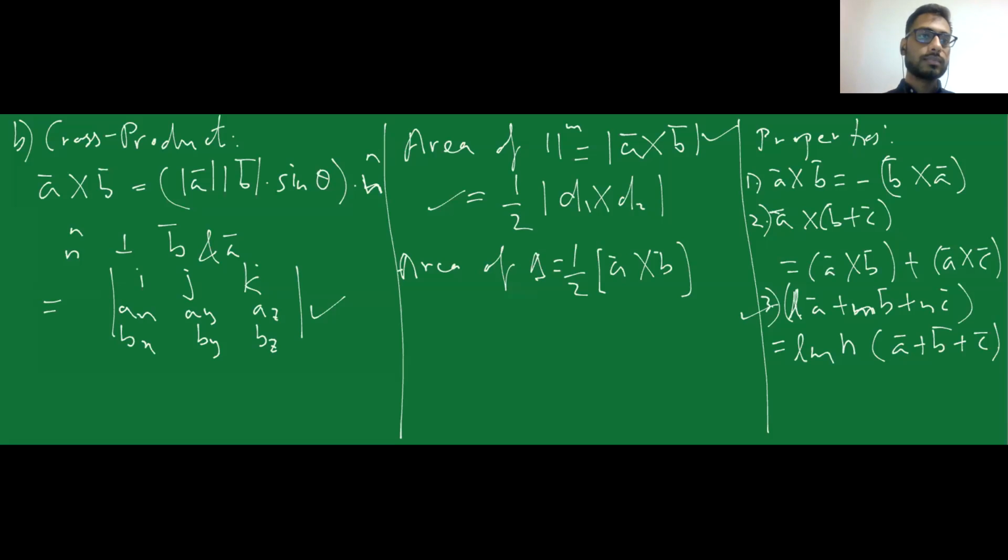Unlike a matrix, where you'll have to take out from each element of the entire matrix, while solving a determinant, even if you take out anything common, you just have to take common from only one entire row or only one entire column. Therefore, if I'm taking out L from one row, M from another row, and N from another row, then I can say that this is equal to LMN in bracket A plus B plus C.